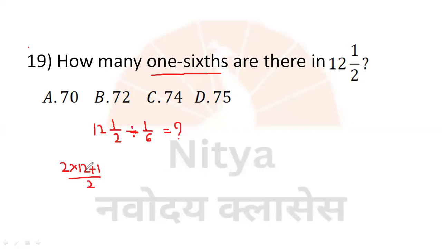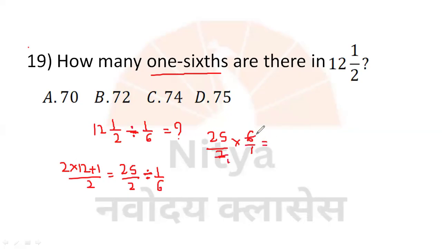So 12 twos are 24 plus 1, 25 by 2. Okay, and divided by 1 by 6, which is already a fraction. So when we divide fractions, we have to reciprocal the second fraction. So that is 6 by 1.